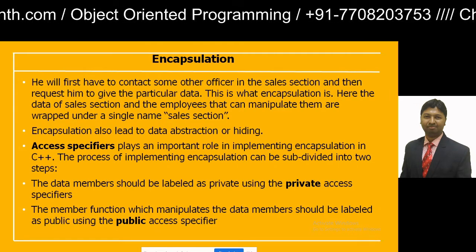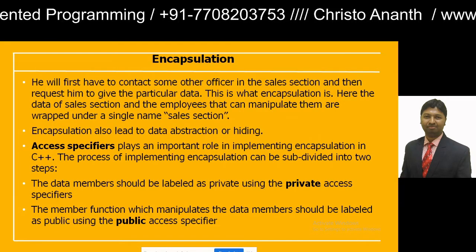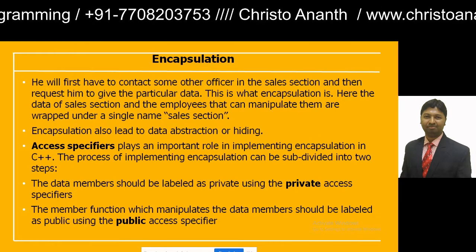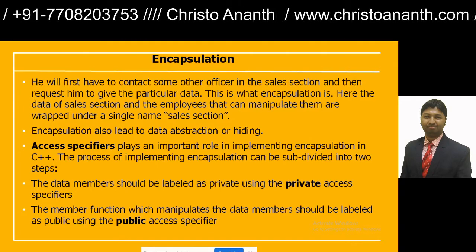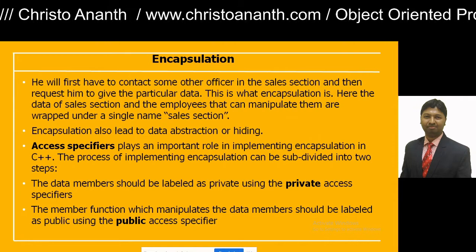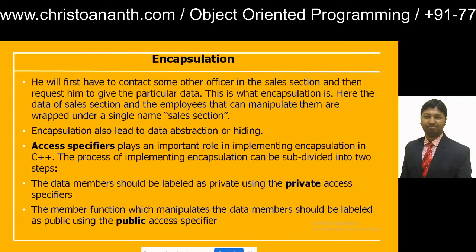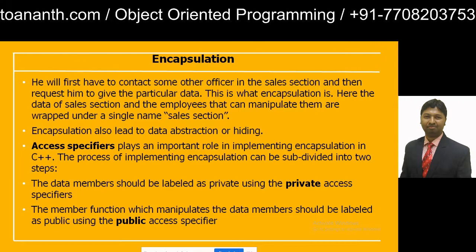Here the data members are private, and in the public access specifier, the member functions which manipulate the data members are public. So this is the private access specifier and the public access specifier.